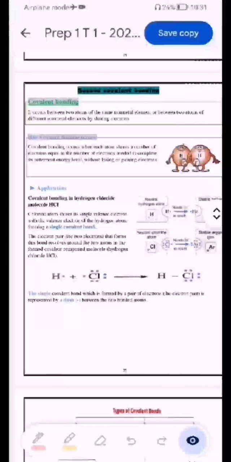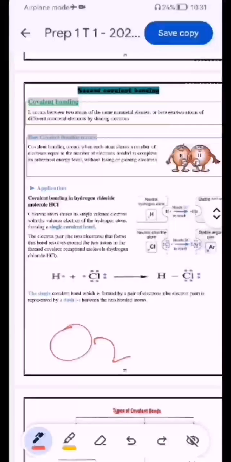Okay? It may be the same and may be different. Like O2. O2 is a molecule of an element that formed due to covalent bonding between 2 atoms of oxygen. So identical atoms, so it is called a molecule of an element.